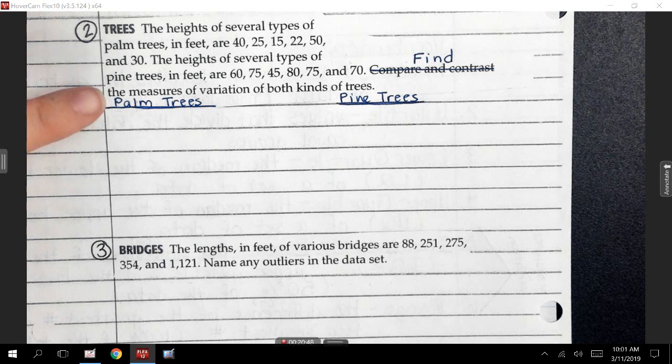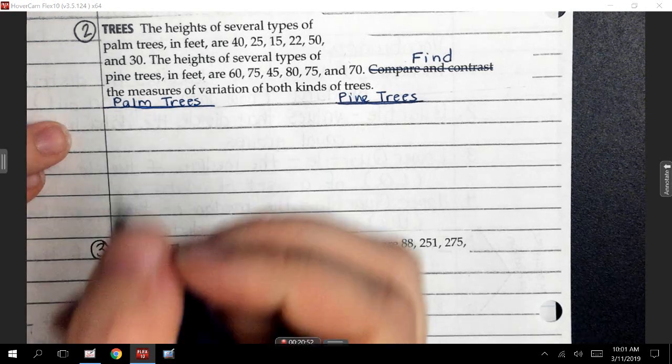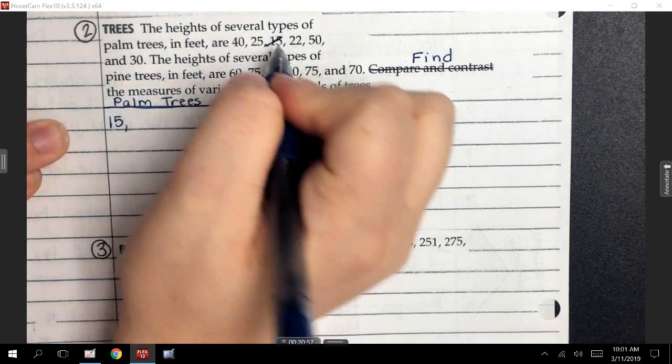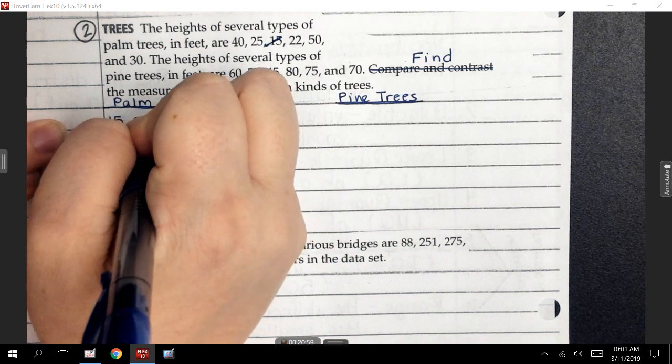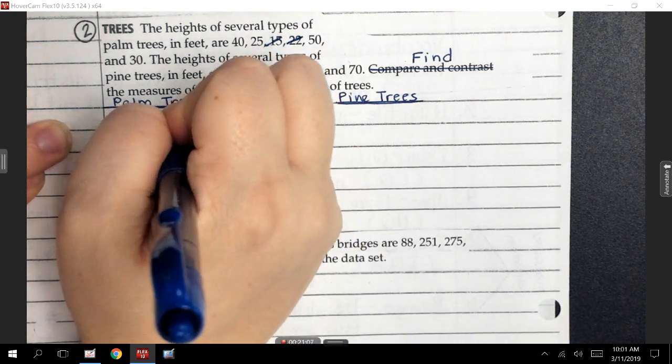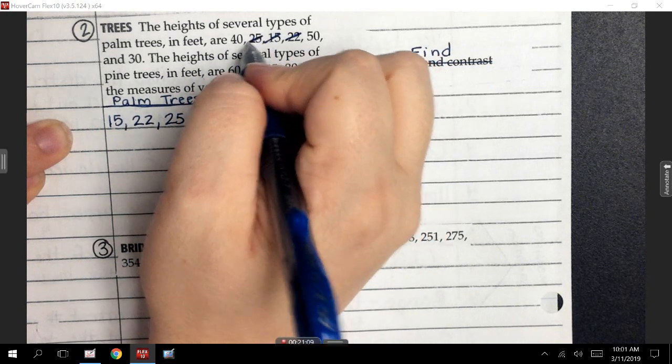Let's start off by putting them in order because it's going to make the rest of my math a little bit easier. So for my palm trees, what's my smallest number? Ansley. 15. And what do I need after that, Braden? 22. After 22, Mason? 25. After 25, Aiden, kind of tricky. Be careful.